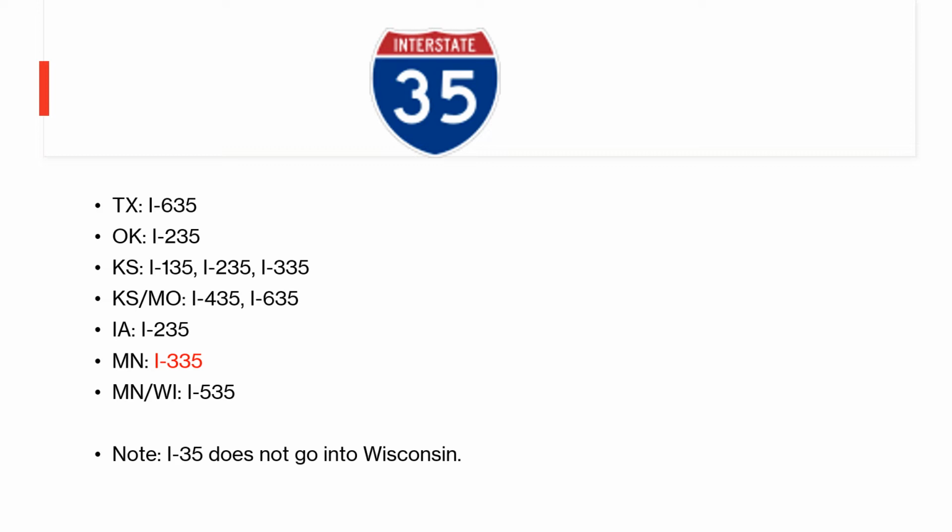And Minnesota and Wisconsin, you have I-535. Now, 335 in Minnesota was a former, canceled interstate. And the note here is I-35 does not go into Wisconsin like I-535 does.